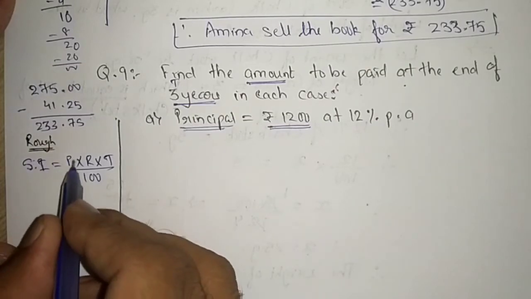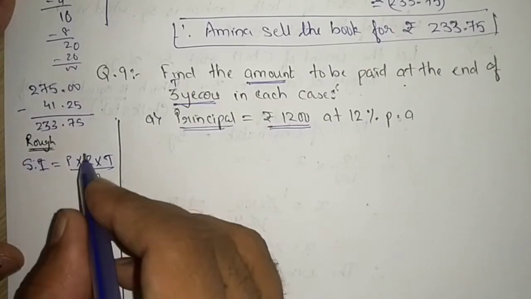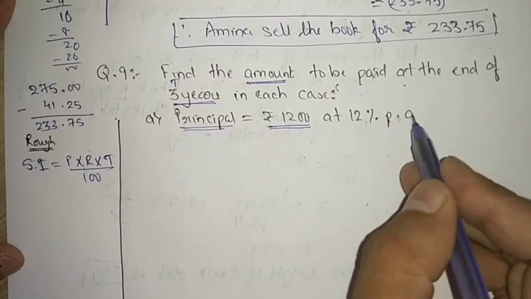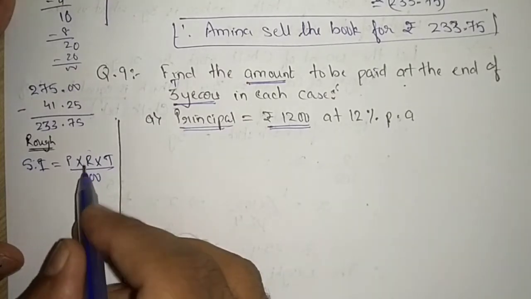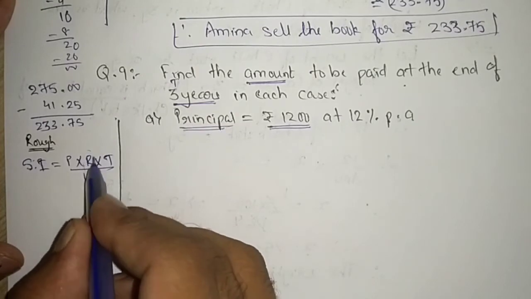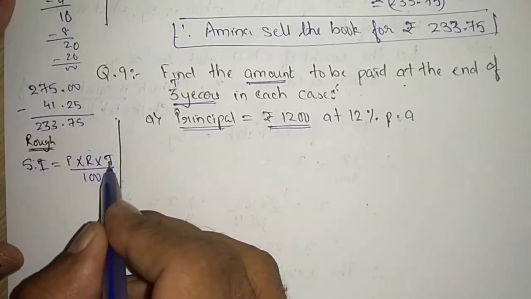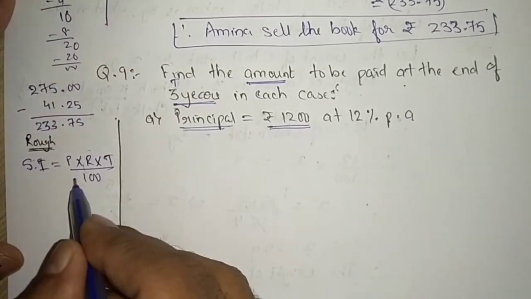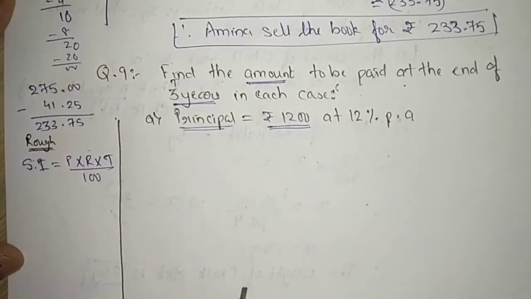So here they have given us the principal amount, and the rate of interest is 12% per annum. PA stands for per annum, that is for 1 year. So R is 12% and time period is 3 years. Put the values in this formula and get the interest.